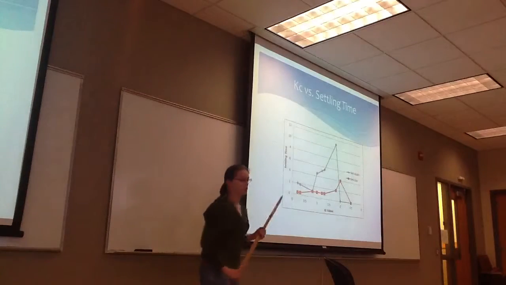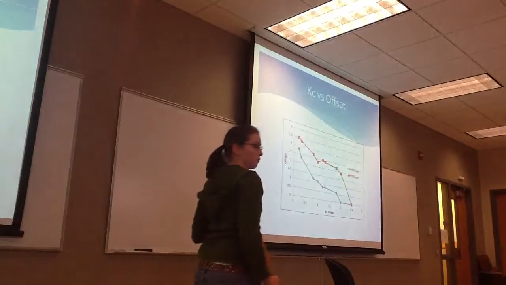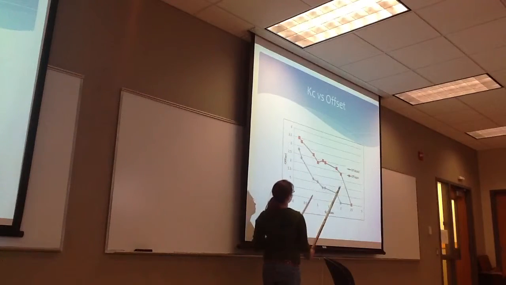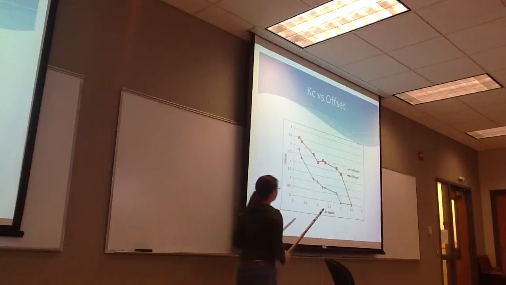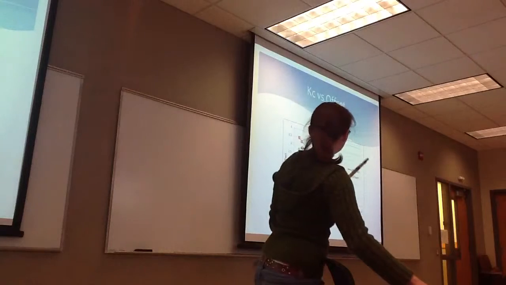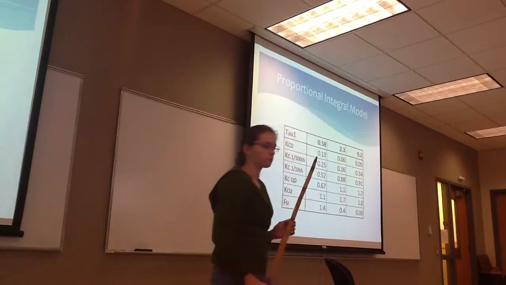If they are 0, it is because they never settled. For the offset values, the red is the experimental and the blue is the model. And as you can see, it generally trends down as your gain goes up.